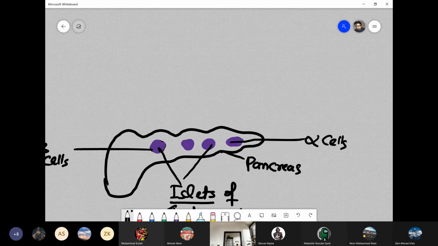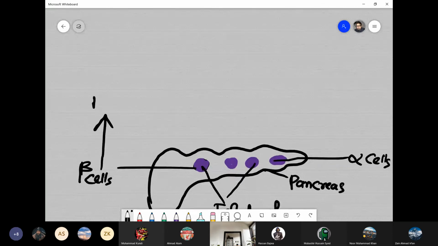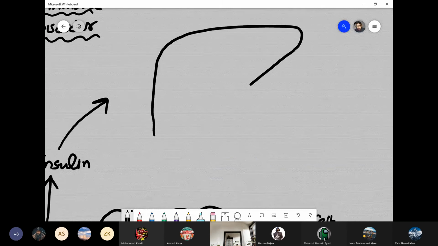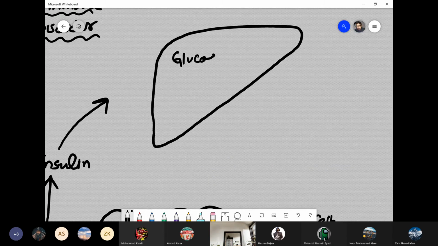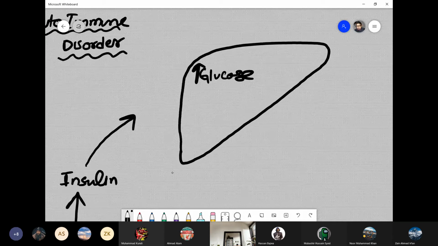Now, boys, these beta cells produce a hormone called insulin, and this insulin goes to the liver and acts when the glucose concentration is high. When the glucose concentration is high, at that time this insulin converts the glucose into glycogen.